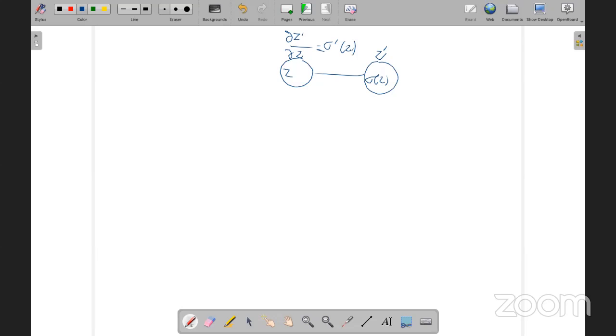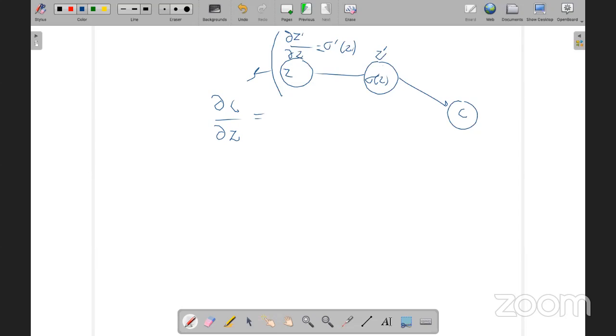And to calculate the overall derivative of this thing, with respect to the cost, which you calculate after this output, to calculate dC by dz you just multiply these two things.